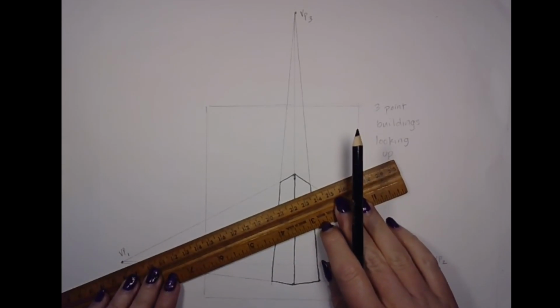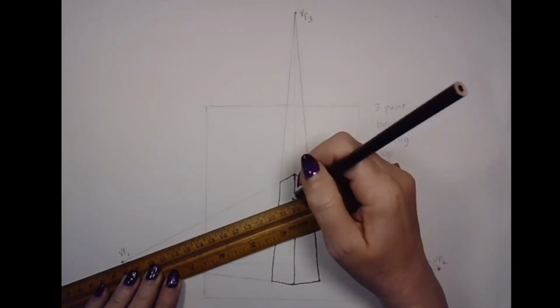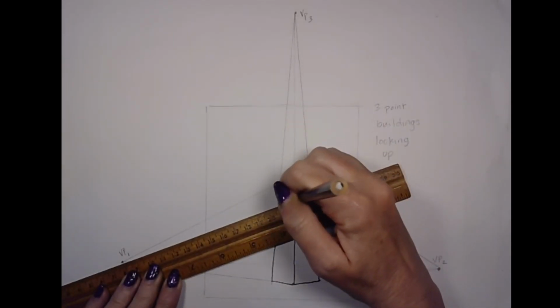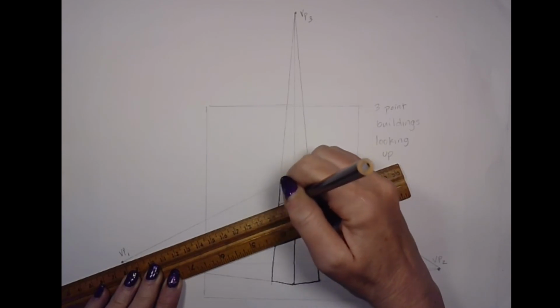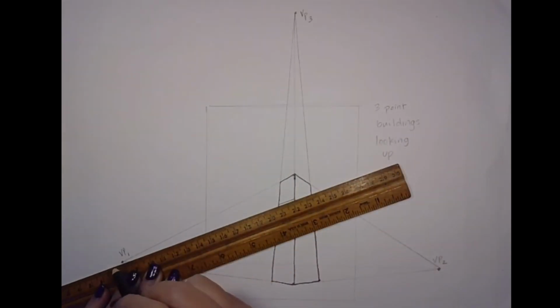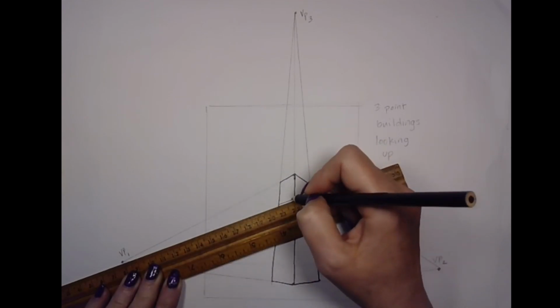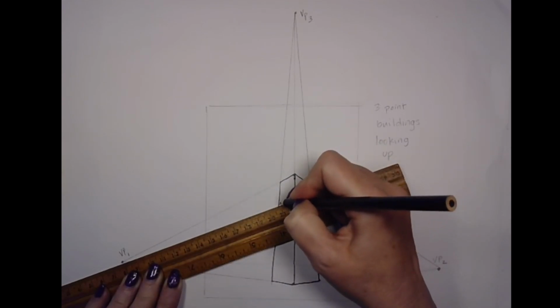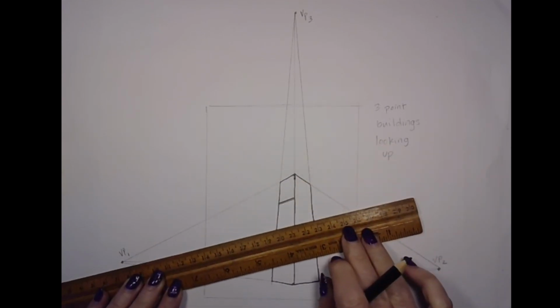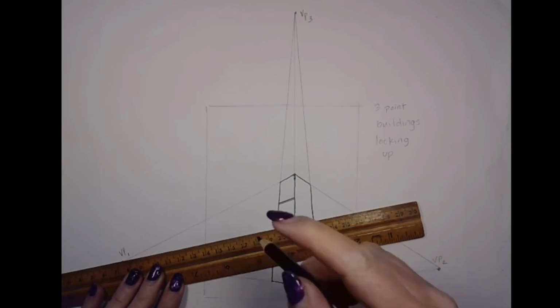on this side, they would go to vanishing point 1. Now, when you're drawing, like I'm just going right here, I have my ruler out. You can draw all the way through, or if you know where it's going, you can just do that little part.